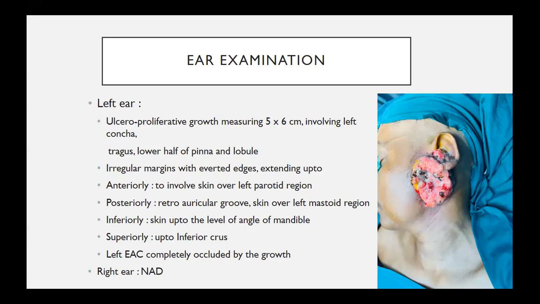Inferiorly, the skin involvement was up to the angle of mandible, and superiorly up to the inferior crus of antihelix. Left EAC could not be appreciated as the growth was occluding the external auditory canal. In the right ear, the tympanic membrane was normal, and I did not notice any growth in the external auditory canal.